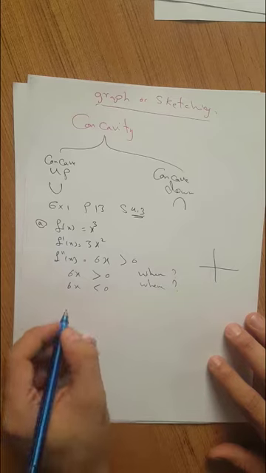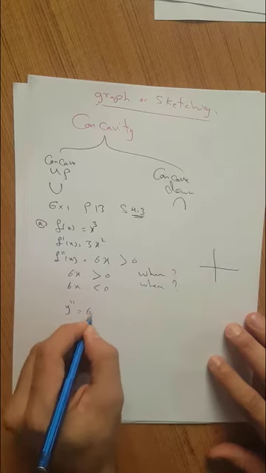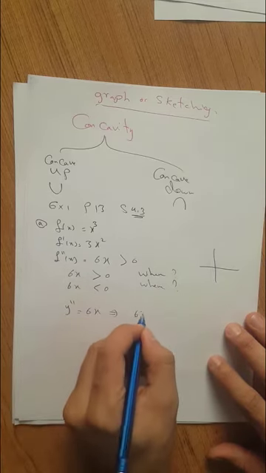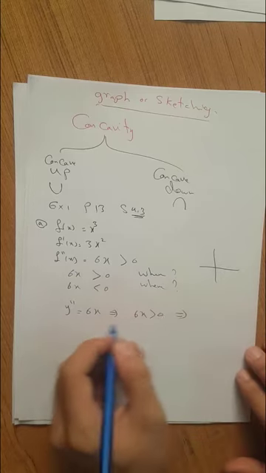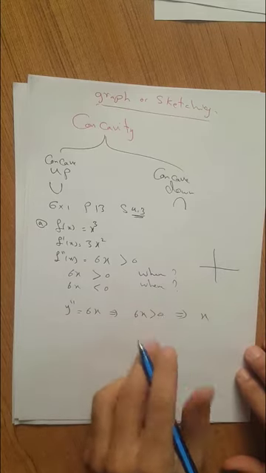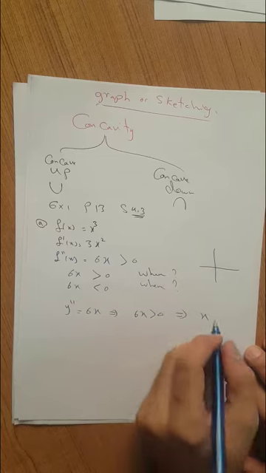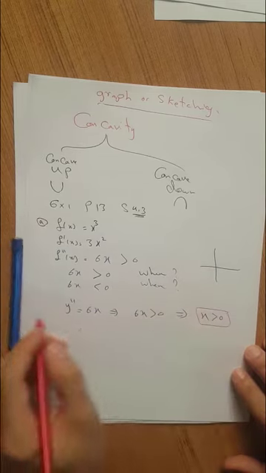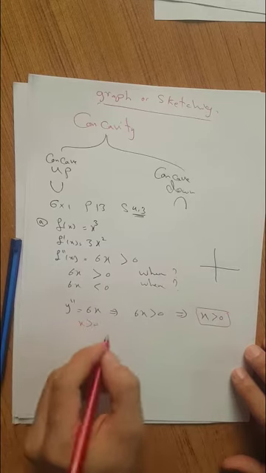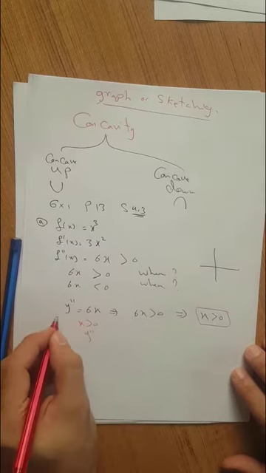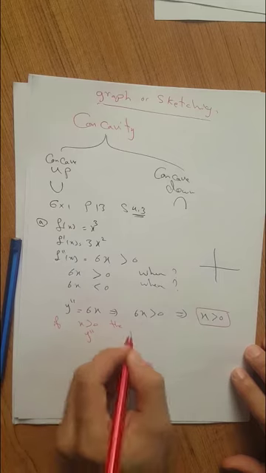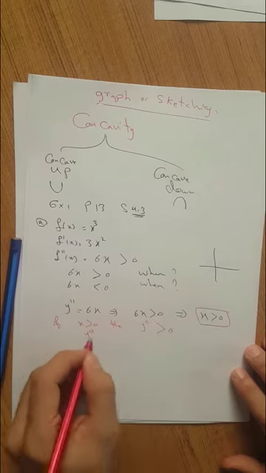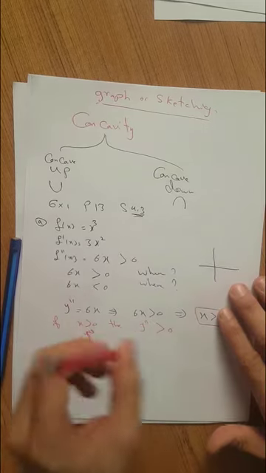The second derivative is equal to 6x, and 6x is greater than 0 when we divide both sides by 6 and x is greater than 0. So if x is greater than 0, the second derivative is greater than 0. Where is x greater than 0?